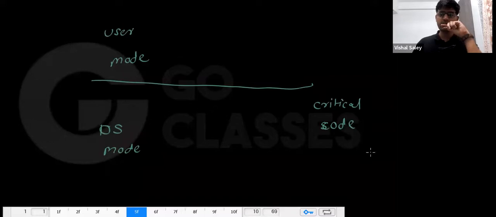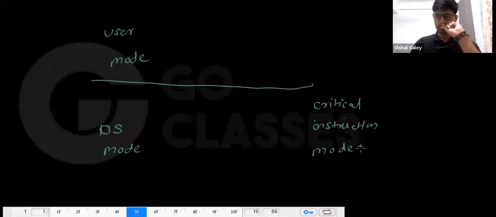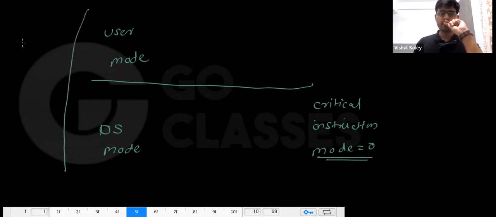Anything which is critical code, or critical instructions, should be run in the OS only. So whenever we want our OS code to run, the mode bit should be 0. This entire thing is our design. Is this understood?